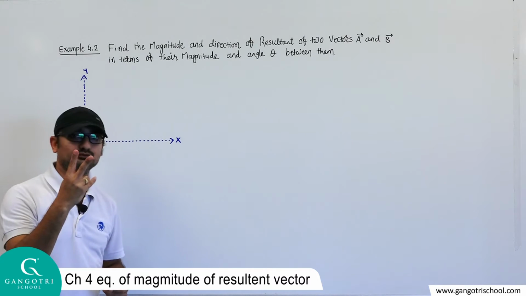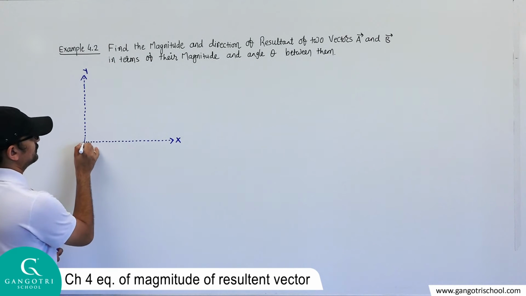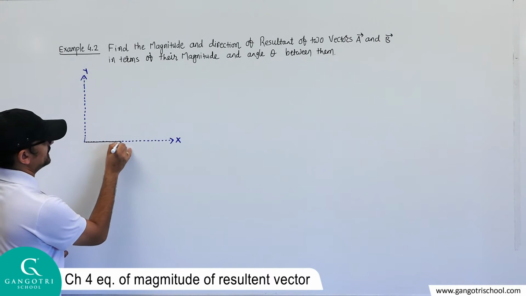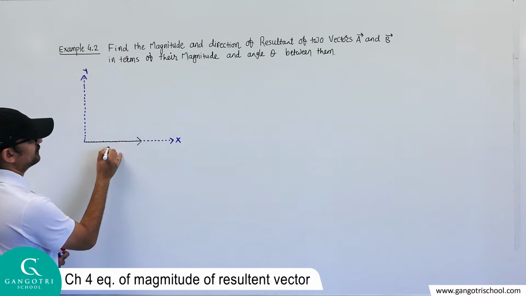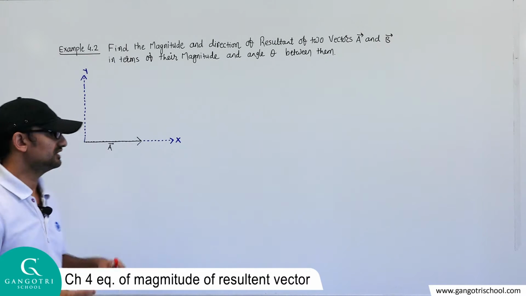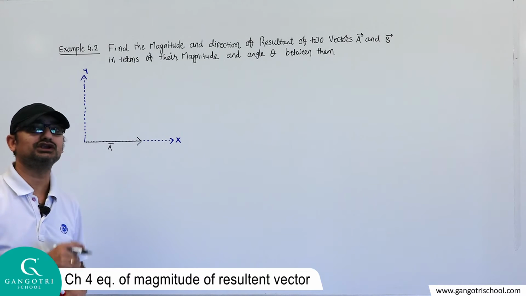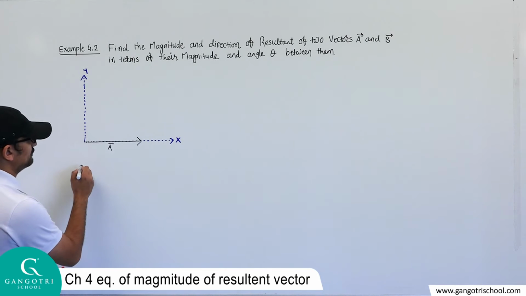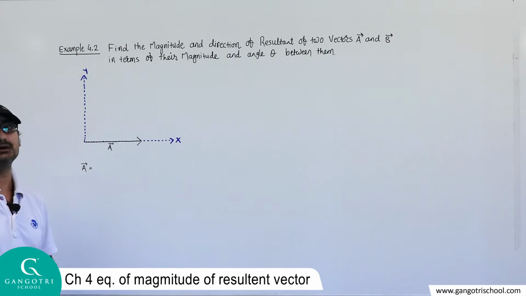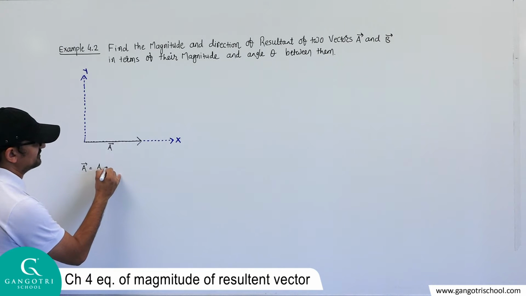Now let's assume two vectors A and B. For example, suppose this is vector A. As we understood in the previous topic, this vector is exactly parallel to the x-axis. It has only one component. So we can write the equation of vector A. Vector A has only one component, that is the x component. So vector A equals ax i caret.